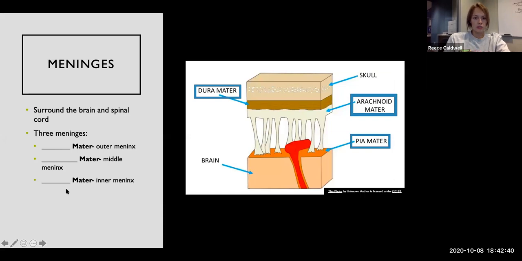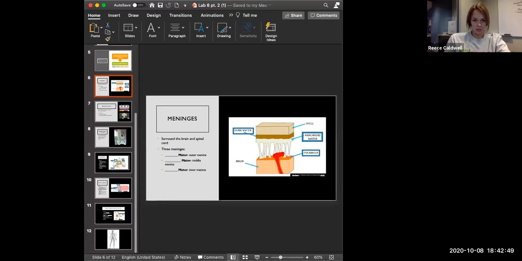Oh no, I have the wrong PowerPoint pulled up. Get it fixed so y'all can fill in blanks. Let's see. Here is my spinal cord and spinal nerve.